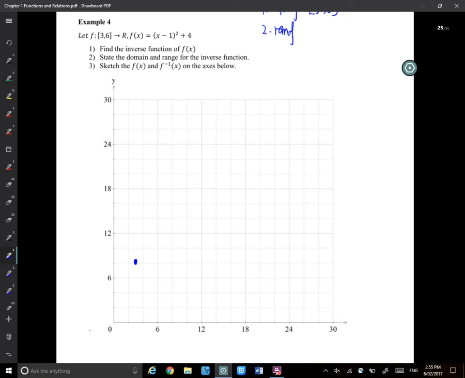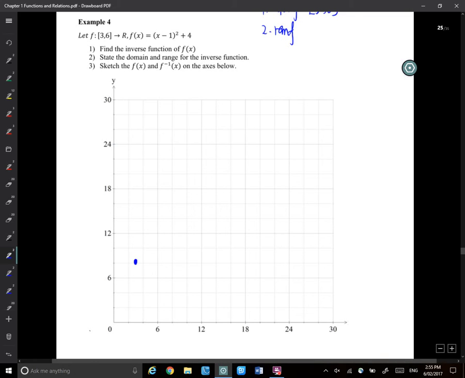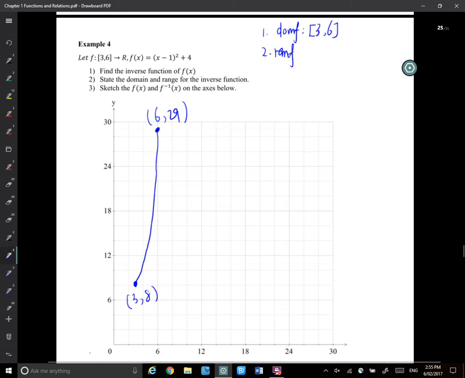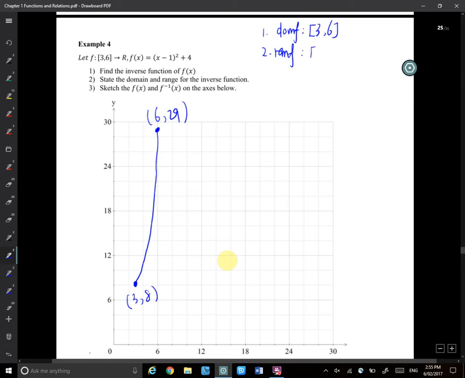So you have (6, 29), which is here. It's quite a thin graph, something like that. So you will have (3, 8) and (6, 29), like this. So the range is 8 to 29.